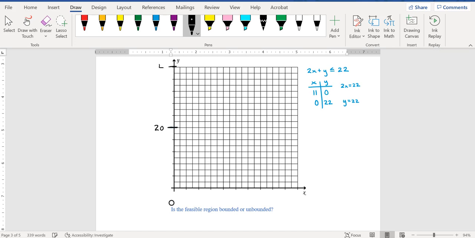This would be 40. There's 10. There's 20. There's 10. Okay, so for my blue, I have 11, 0. So right here. And I have 0, 22.